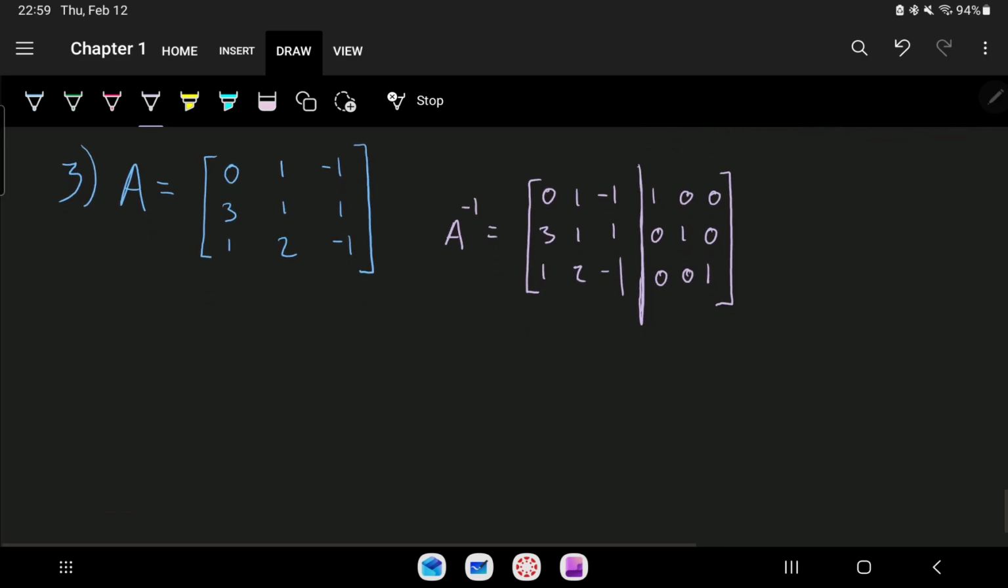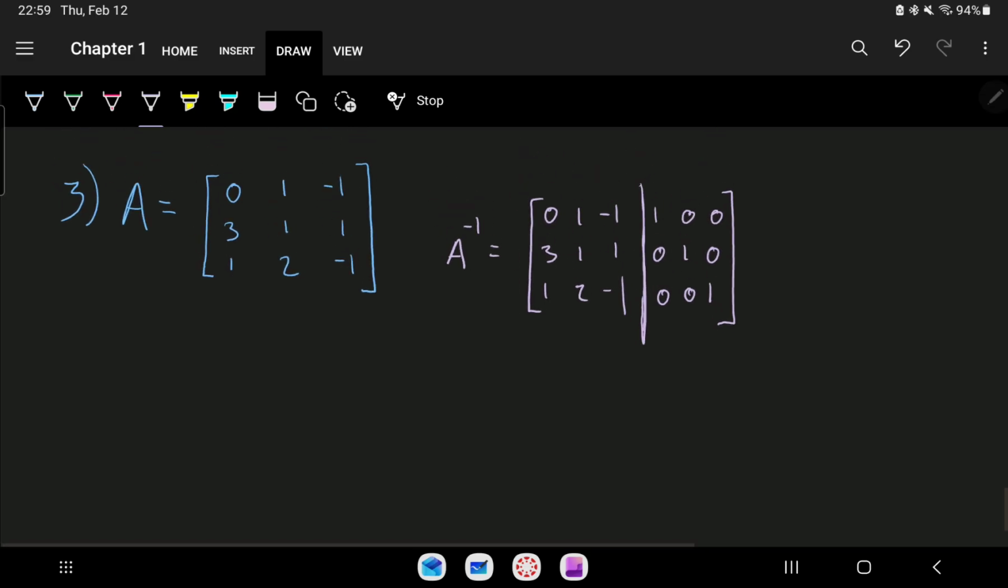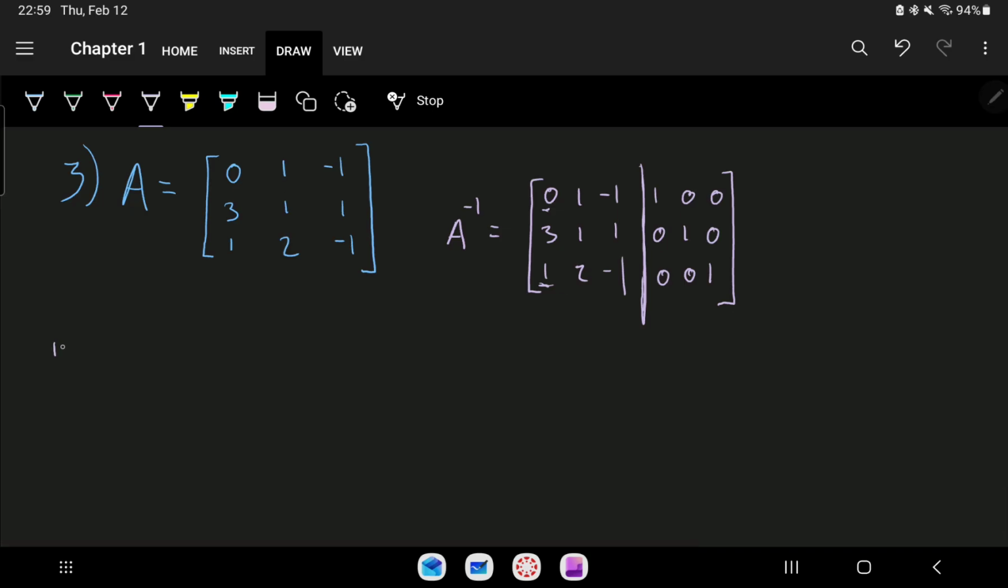So my first move for getting this down to reduced row echelon form, I see that 0 cannot really be a good pivot, but 1 would be a great pivot. So let us make our first step to interchange rows 1 and 3.